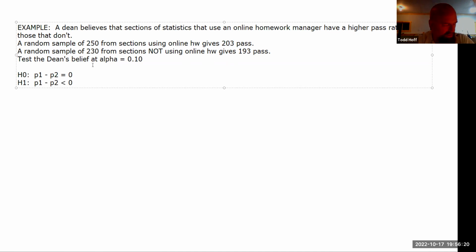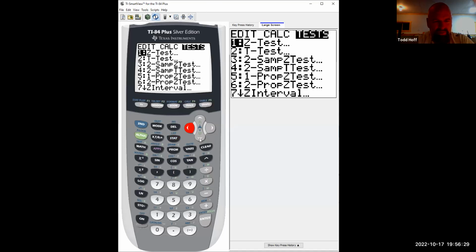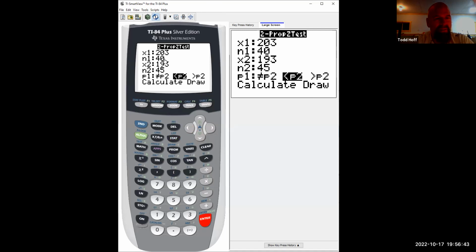Let's go ahead and put this in the calculator. So stat test, we have to go down a ways. We need to get to 2 proportion z test right here, 2 prop z test. We select that.